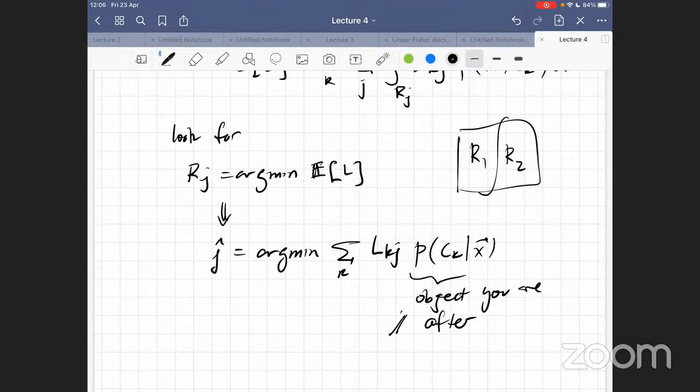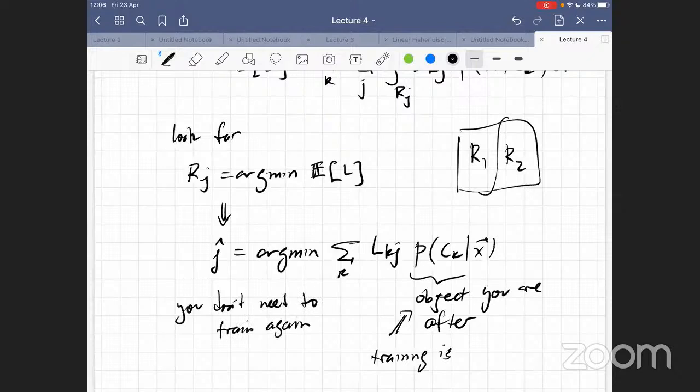So this is what training is. And by considering a new loss function, you don't need to train again if L changes. Okay.